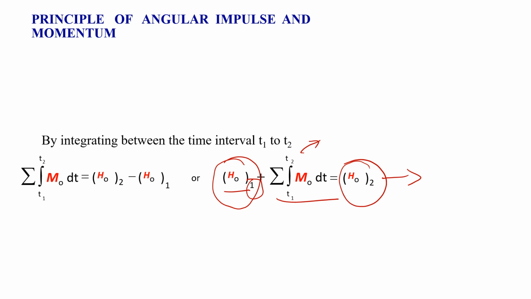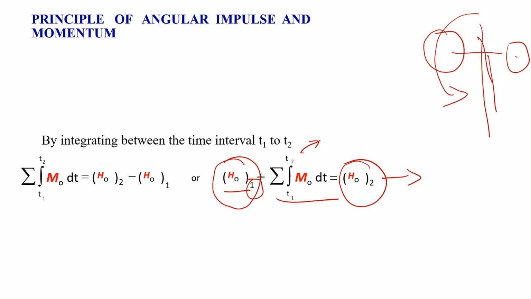If the body is rotating, not about its own axis but about some other axis, then you can make use of the angular impulse momentum principle. When you have those kinds of problems, you need to take all the bodies into account.